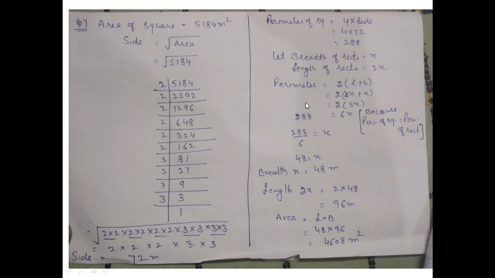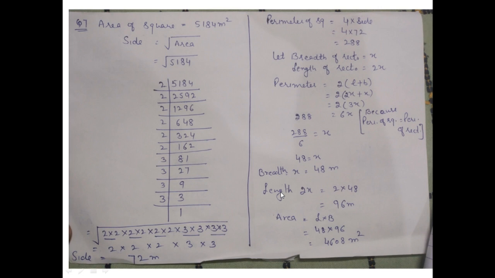So I can write it here. Find the value of x. Divide this number by 6 and after dividing you will get the value of x is 48. x is what? x is the breadth of the rectangle. That means the breadth of the rectangle is 48.